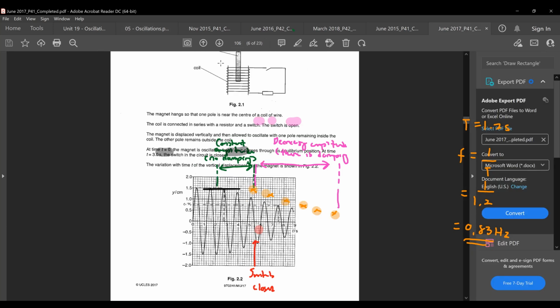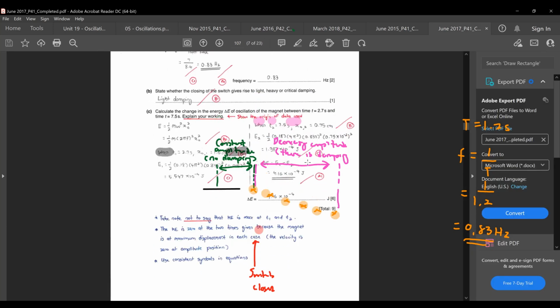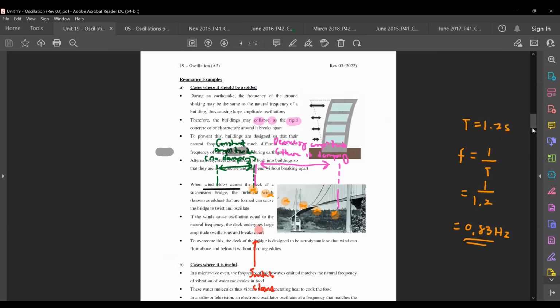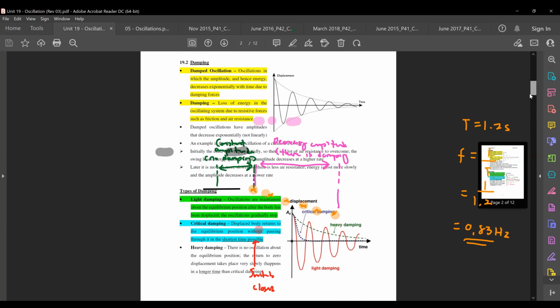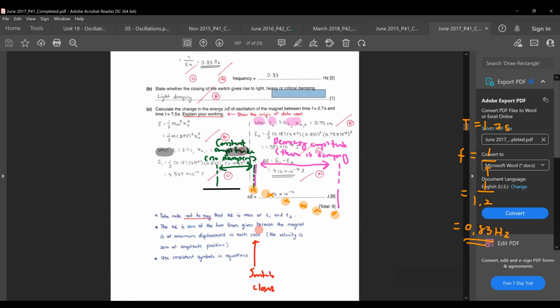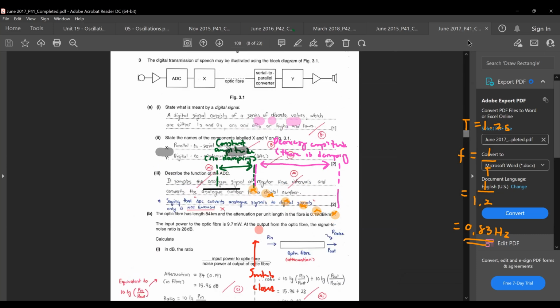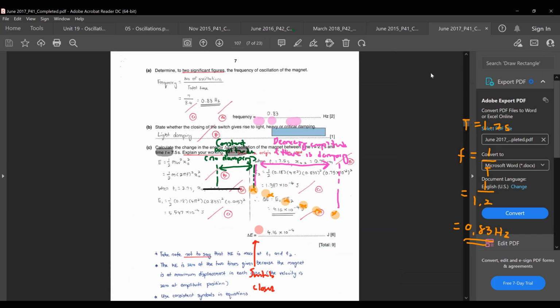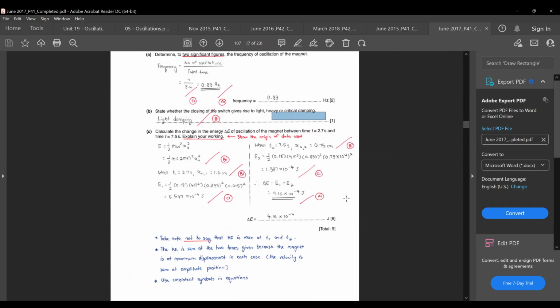So this one is going to be light damping. It cannot be heavy, it cannot be critical, because for heavy or critical damping, as I mentioned to you, oscillations don't actually continue. It will just straight away go back to the equilibrium. Only for light damping will oscillation still be maintained as the amplitude gradually decreases. So that's for that. Then the last one would be part C.